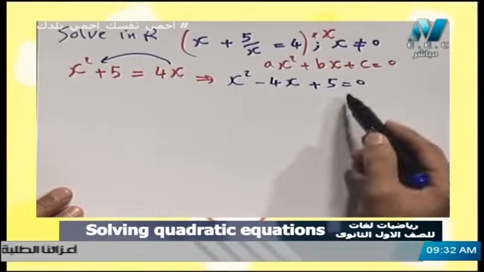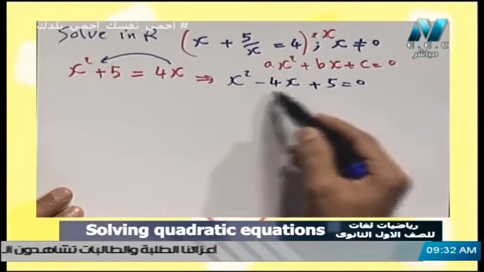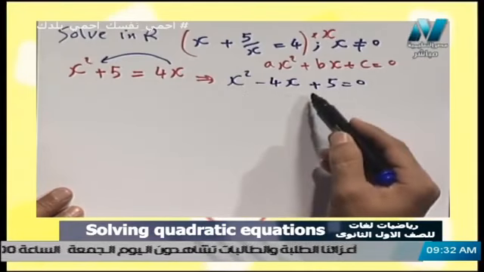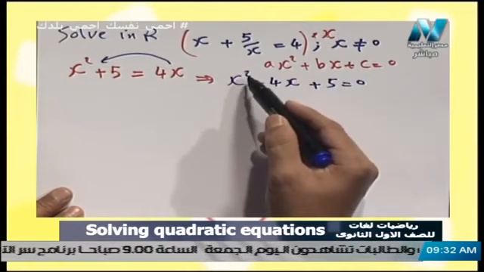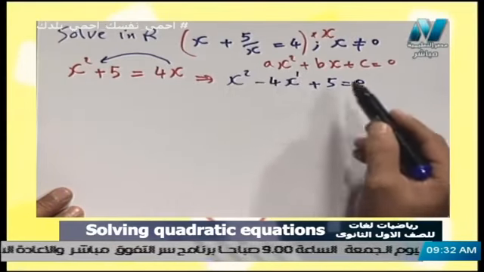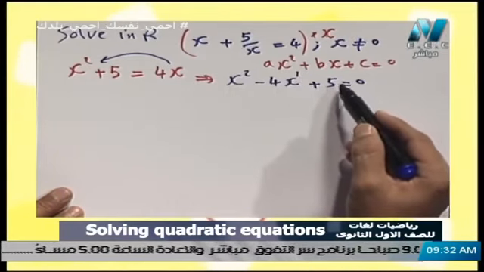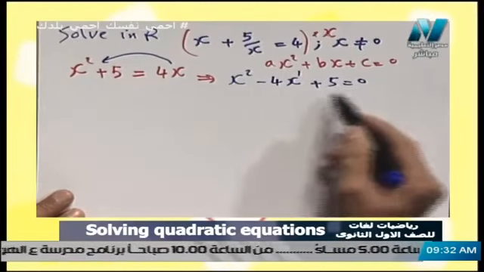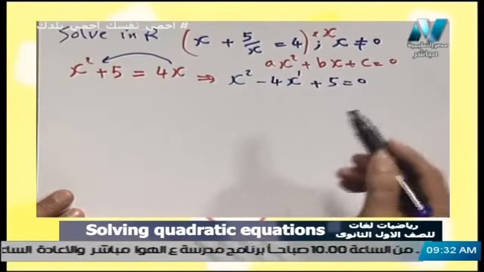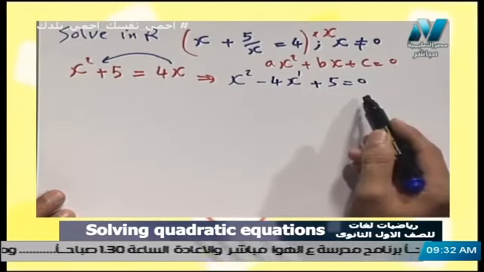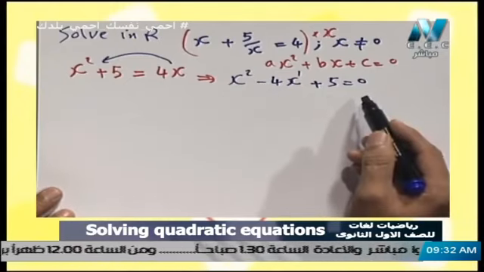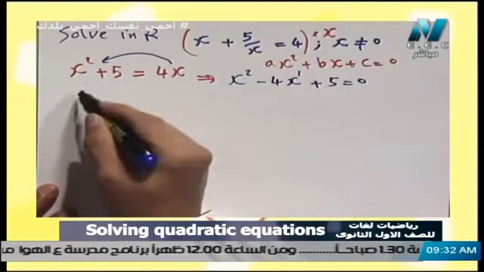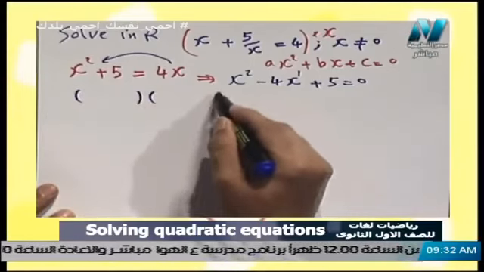So we rearranged it descendingly according to power of x. Here x power 2, and here x power 1, and here x power 0, which is 1. 1 multiplied by 5 is 5 itself. So we have a very simple quadratic equation here. We can solve it using factorization. Of course, the solution will be easy.